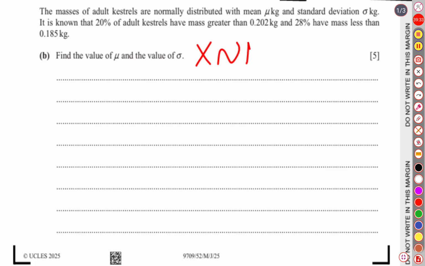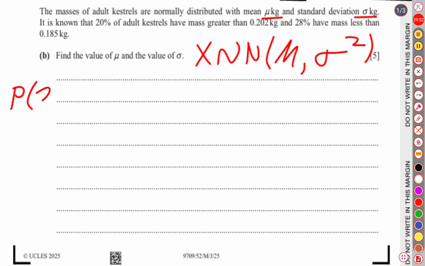X belongs to normal distribution, and our parameters are here mu as well as standard deviation sigma. So mean mu and variance sigma squared. Okay, so first probability is given when x is greater than 0.202 kg, then probability is 20%.